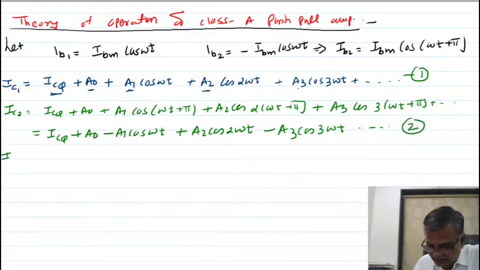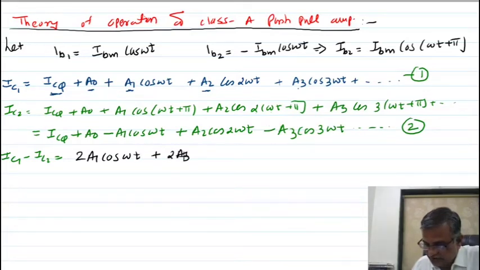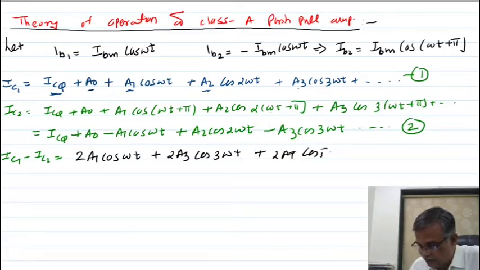So I can write IC1 minus IC2, look here, with this minus this, you can see this minus this means 2A1 cos omega t plus 2A3 cos 3 omega t plus 2A5 cos 5 omega t.